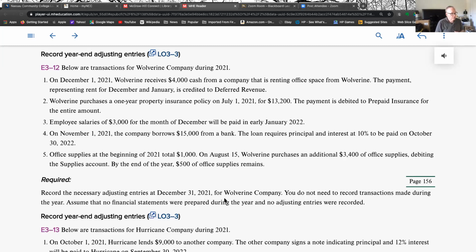If they prepare financial statements quarterly, then we'd be interested in 3 months. But because they're only preparing financial statements once a year, we're going to be concerned with calculating things for a 1-year period or from the date that something started through the end of the year. All right, so let's take a look.